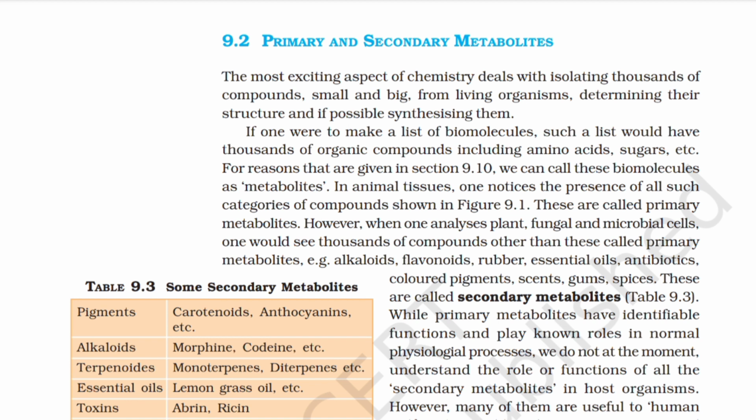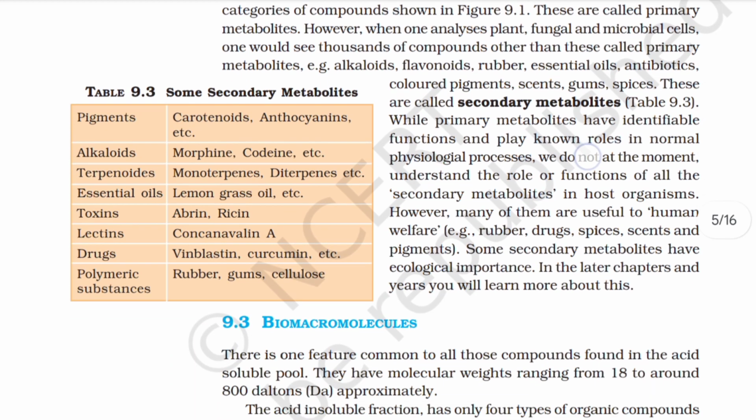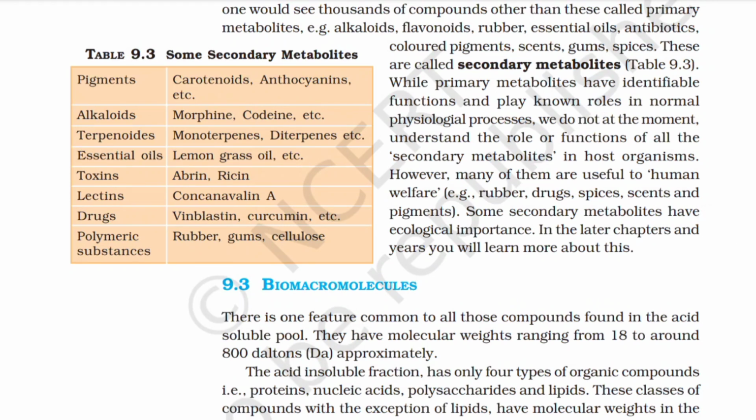However, when one analyzes plant, fungal and microbial cells, one would see thousands of compounds other than these primary metabolites. Example: alkaloids, flavonoids, rubber, essential oils, antibiotics, colored pigments, scents, gums, spices. These are called secondary metabolites. Table 9.3: Some secondary metabolites.